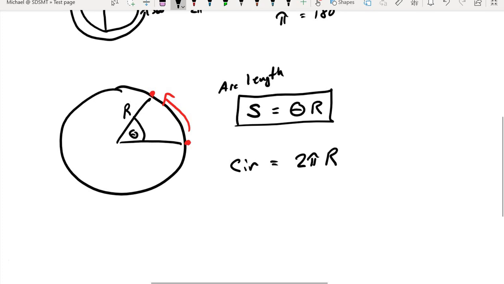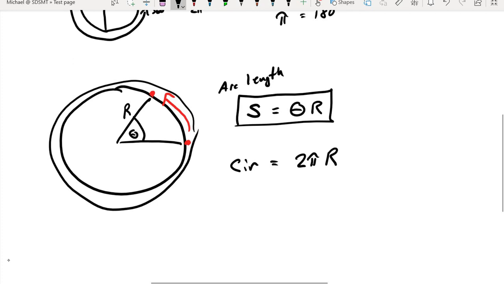The circumference of a circle is 2 pi r. And by circumference, that means we're going all the way around the circle. Well, by going all the way around the circle, your angle value is 2 pi. And your radius is your radius, and so the circumference is really just the arc length of the full circle.